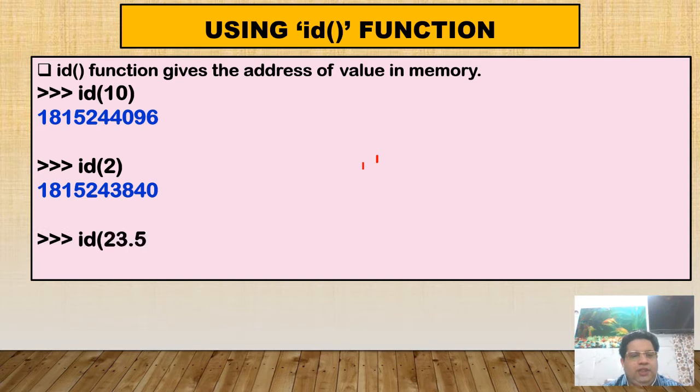If I print id of 23.5, you will get the address where 23.5 is stored in memory. Clear? So what is the use of the id function? It gives the address of the value stored in memory. So here you are getting the address of 10, here the address of 2, and here the address of 23.5.